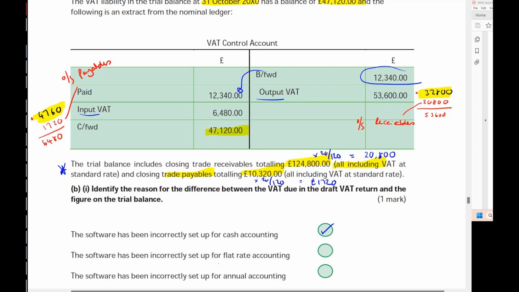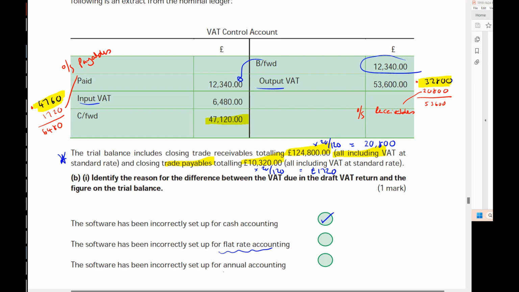There's no percentages given here or anything to suggest that we're using flat rate accounting, and annual accounting just means doing one VAT return. So you could maybe have come to that conclusion without even doing all the numbers, but I just wanted you to have a more in-depth understanding of the topic, because it is a revision course and we never know what the next question might hold.